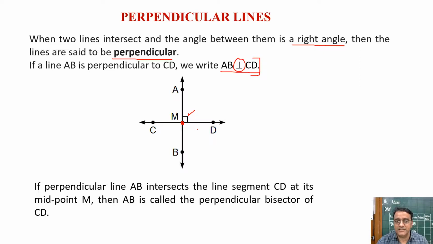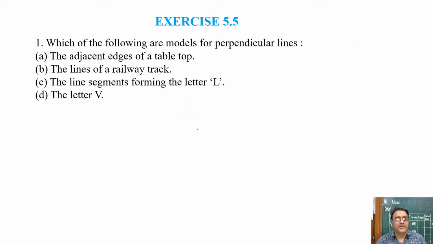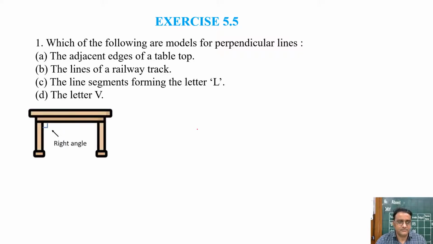So based on this concept, now we are going to start exercise 5.5. Which of the following are models for perpendicular lines? Number 1, adjacent edges of a tabletop. See this figure. If you see all the adjacent edges of a tabletop, you will find right angle.